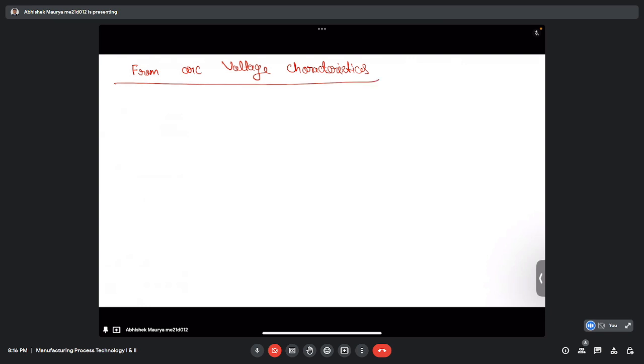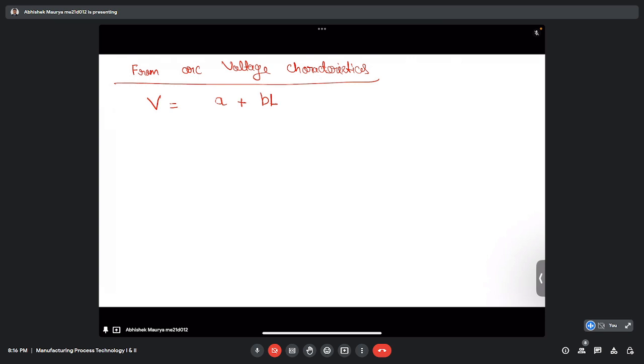We can write a linear equation between voltage and length of arc. So we can write V equals some other constant A plus some other constant B times the length of arc.